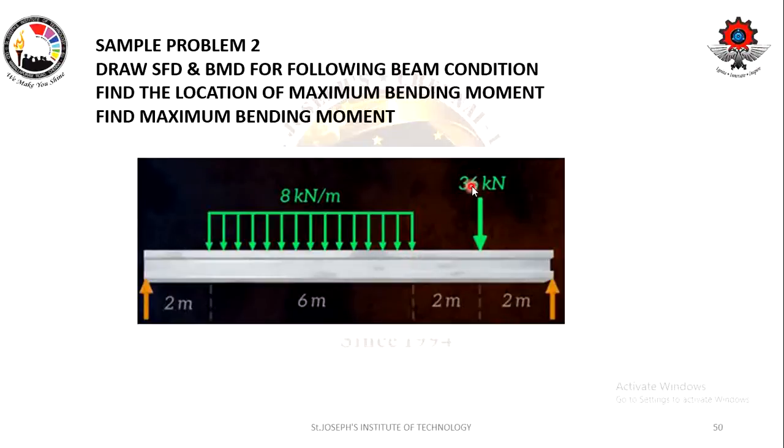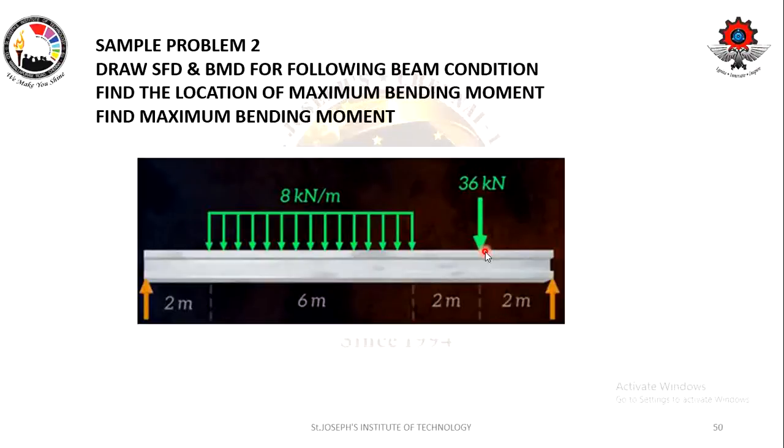We also have a point load of magnitude 36 kilonewton acting at a distance of 2 meters from the right support. So this is the problem given and we are supposed to solve it.